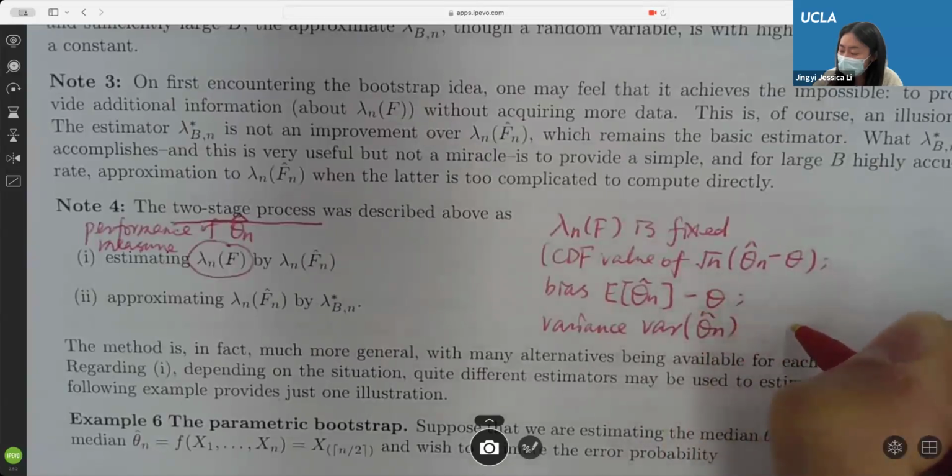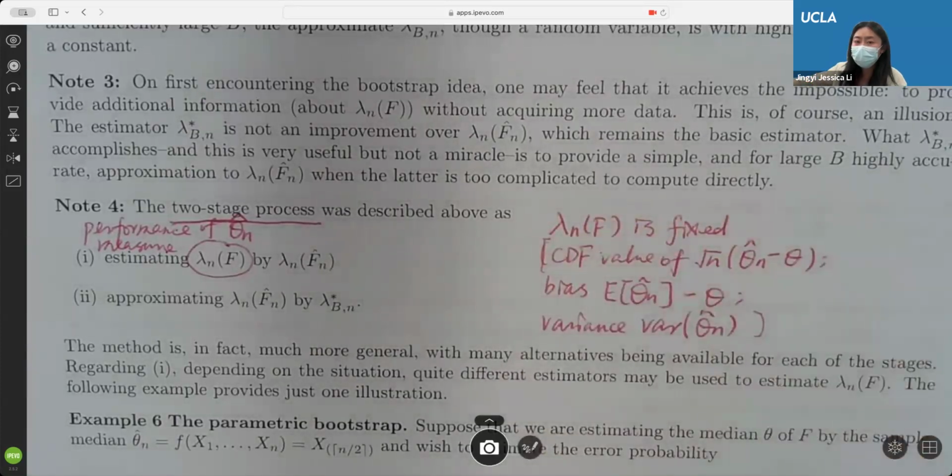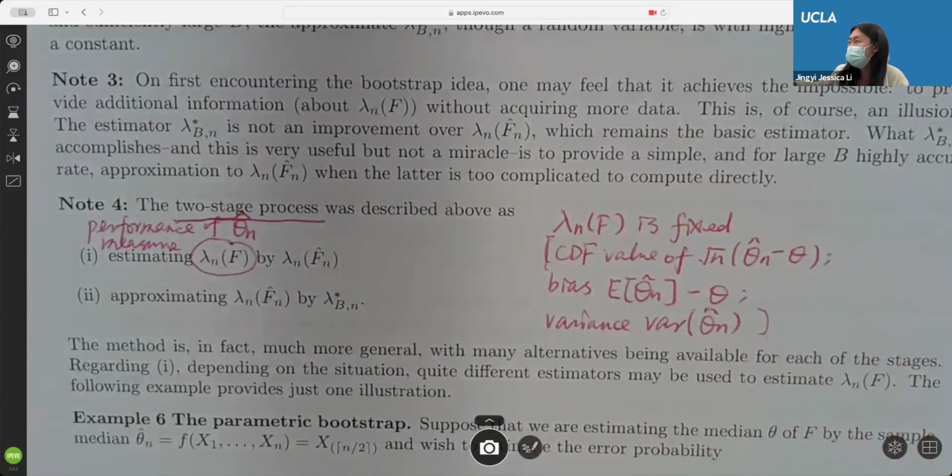These three things are the three most commonly used performance measures of an estimator.